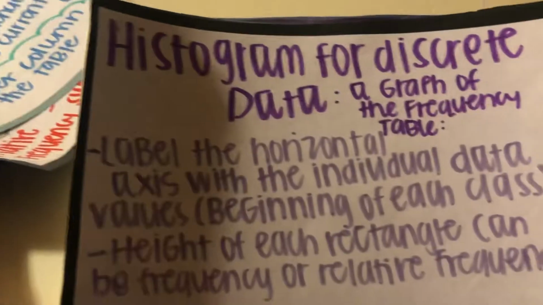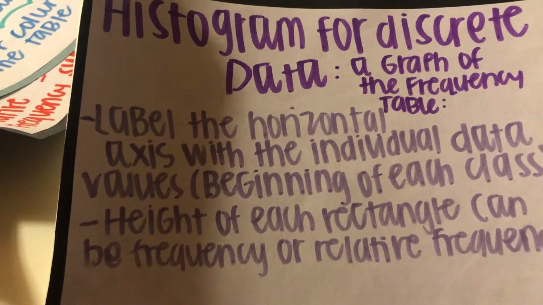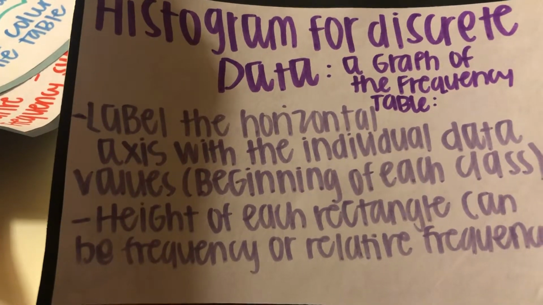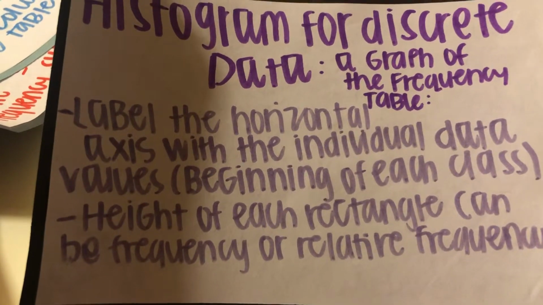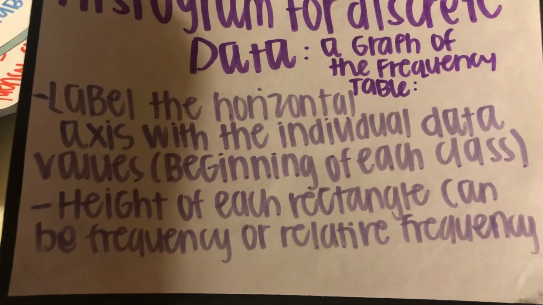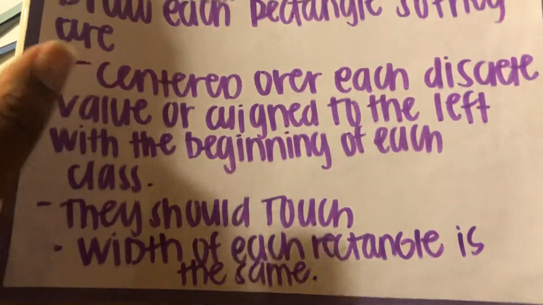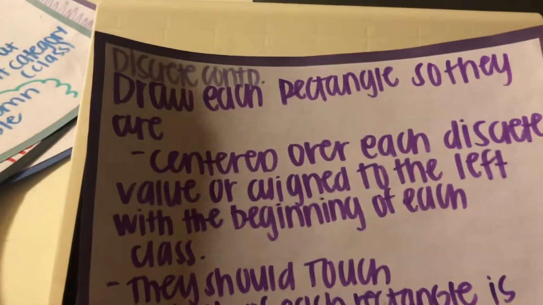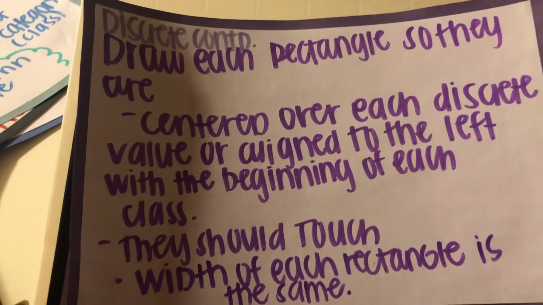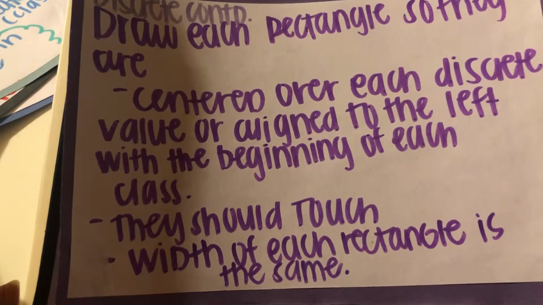A histogram for discrete data is a graph of the frequency table. You label the horizontal axis with the individual values beginning in each class, and the height of each rectangle is the frequency or relative frequency. For discrete data, you draw each rectangle so they are centered over each discrete value or aligned to the left with the beginning of each class.